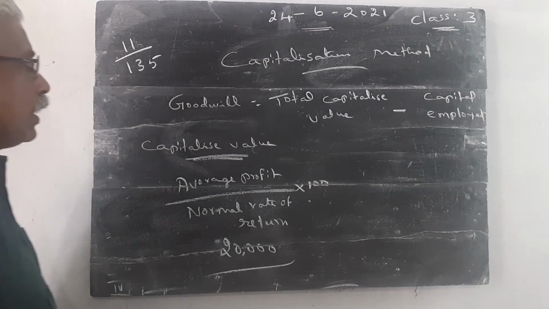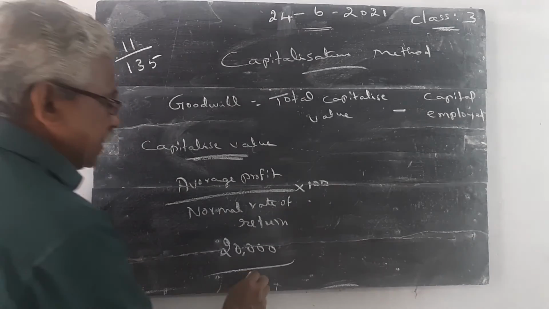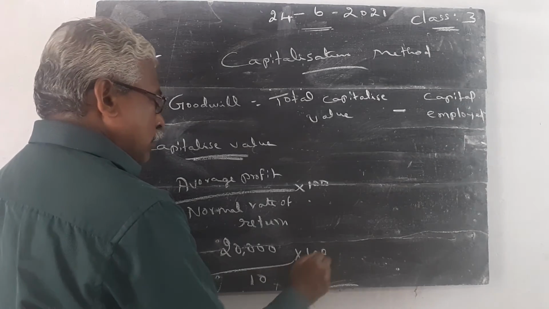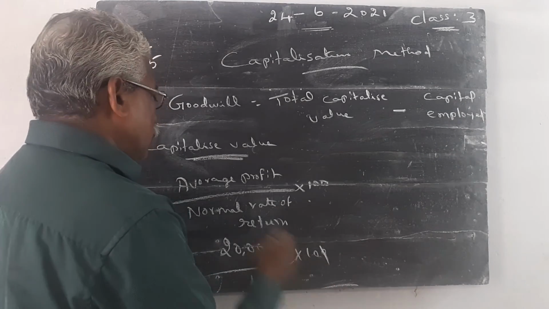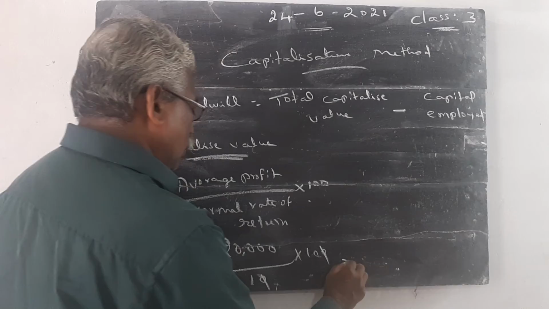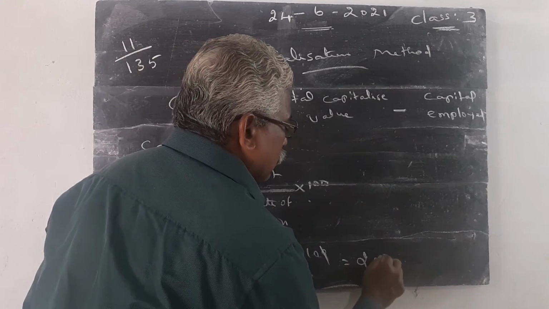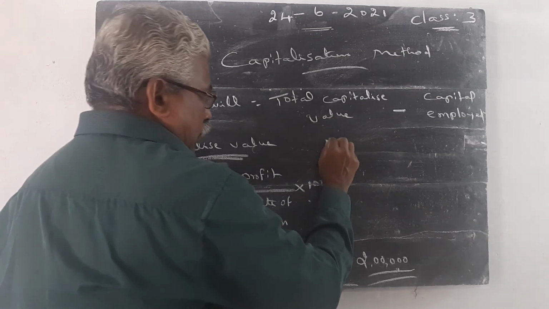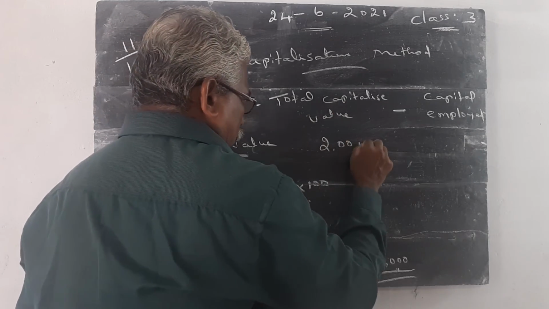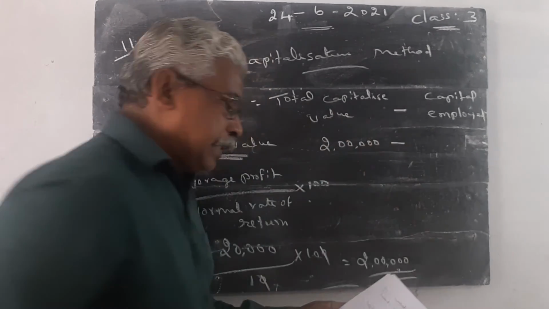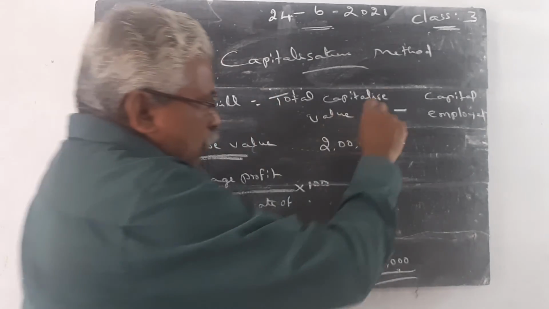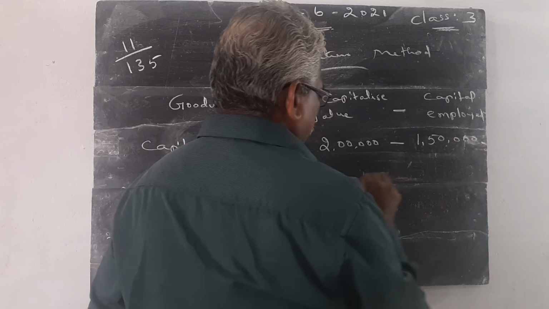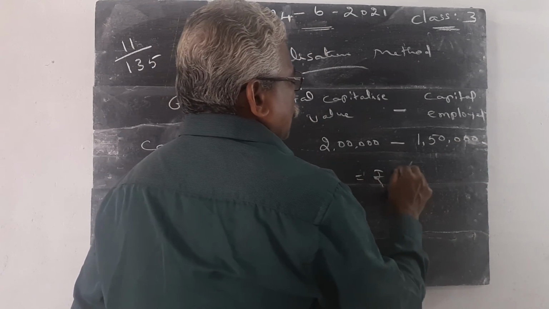Normal rate of return is also given in the question, 10%. So 10 into 100. So capitalized value is equal to 2 lakhs. Total capitalized value is 2 lakhs minus capital employed, also given in the question, 1,50,000. So value of goodwill is equal to rupees 50,000.